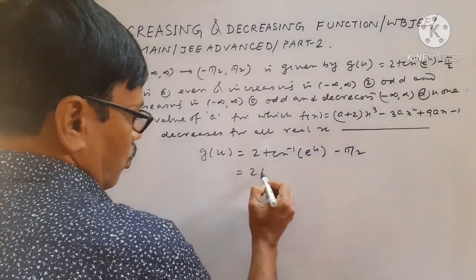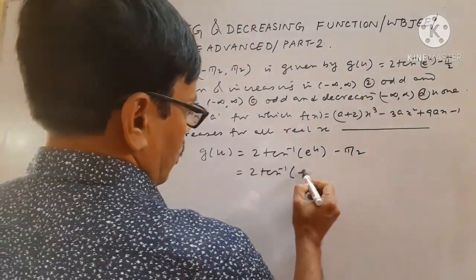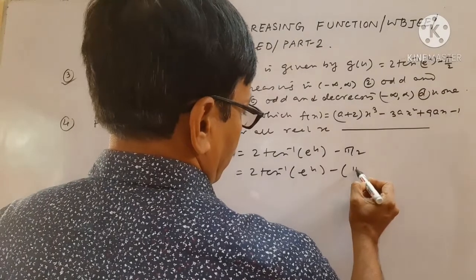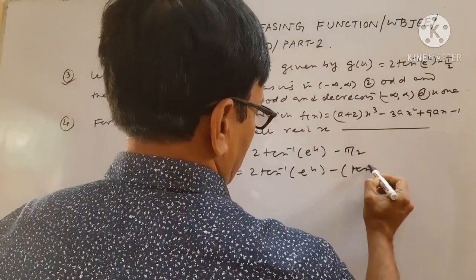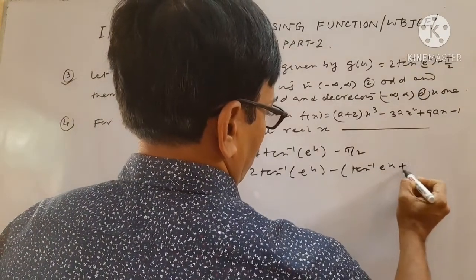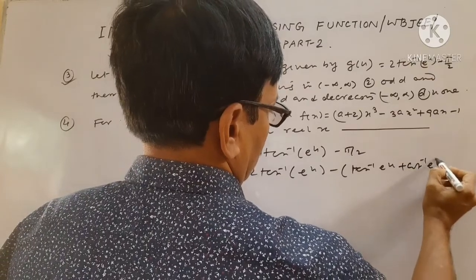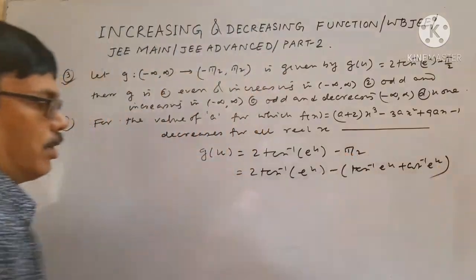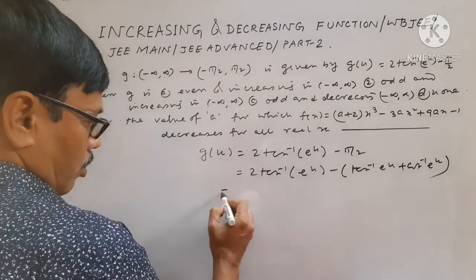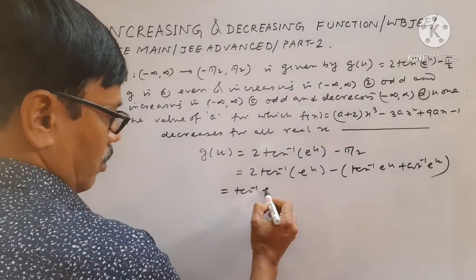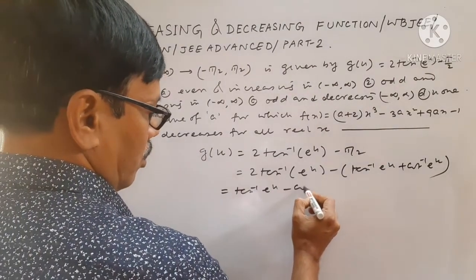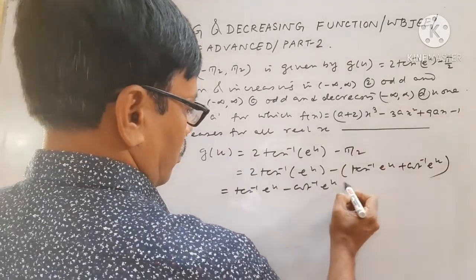So we have to prove first whether it is even or odd. So this is tan inverse e to the power u, cot inverse e to the power u, pi by 2, so this is tan inverse e to the power u minus cot inverse e to the power u.